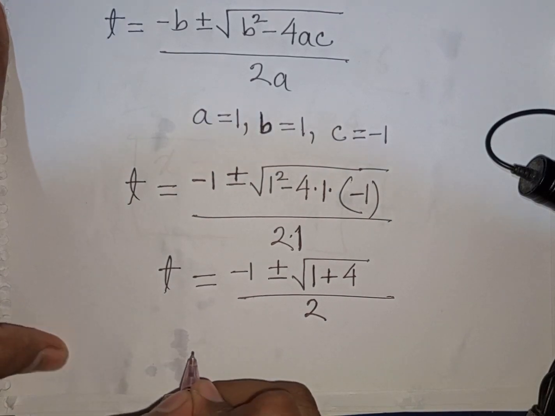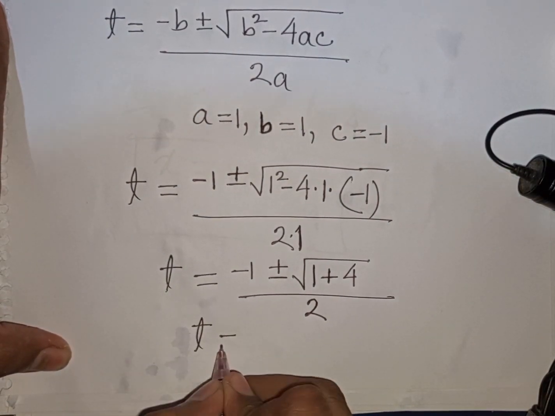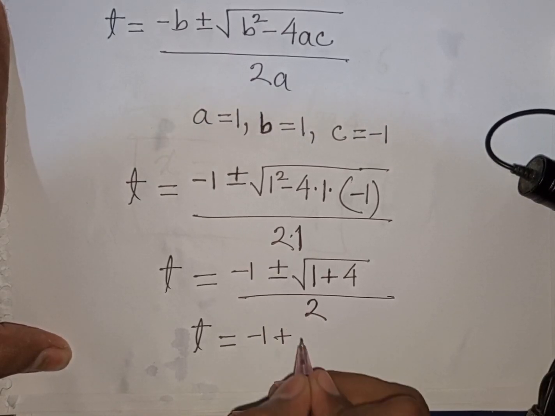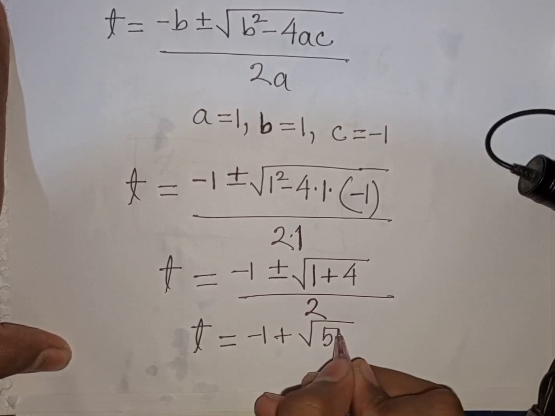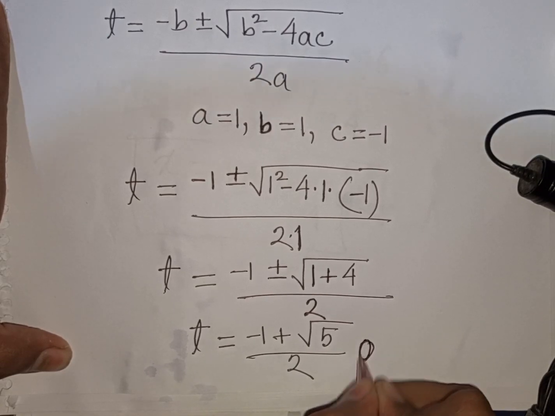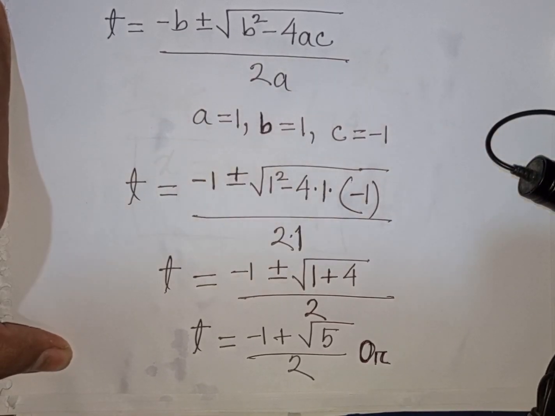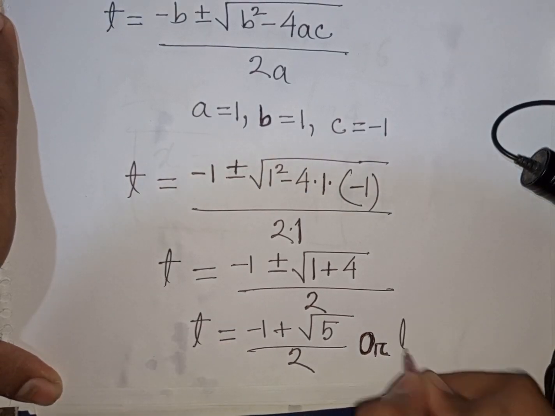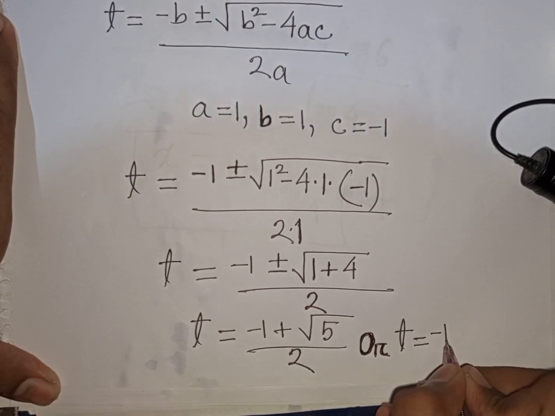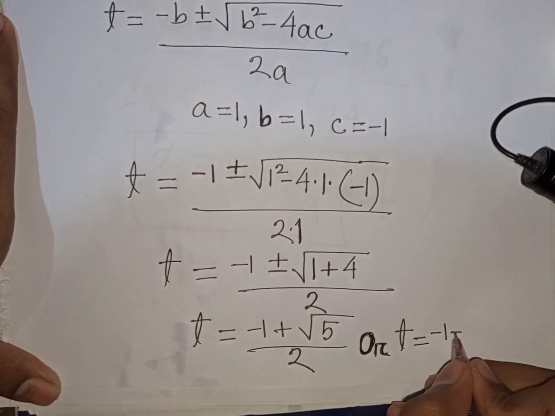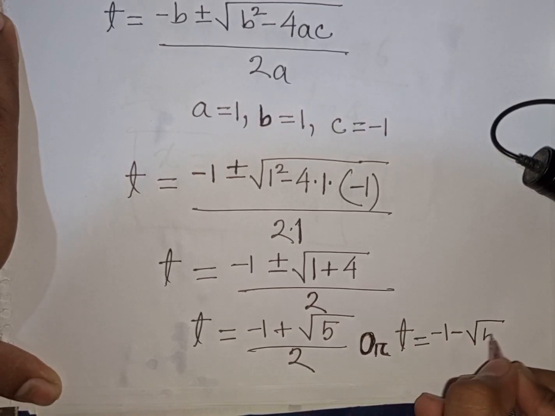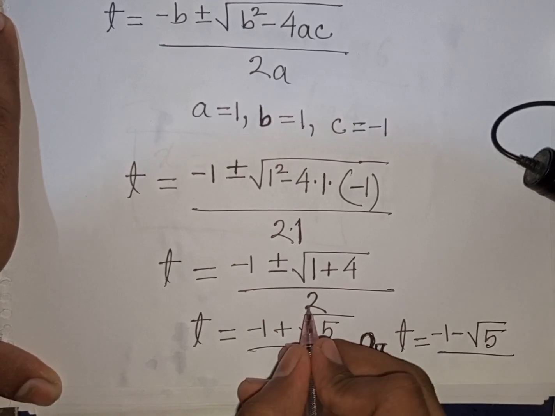Now, t is equal to minus 1 plus the square root of 1 plus 4, that means 5, divided by 2, or t is equal to minus 1 minus the square root of 5, divided by 2.